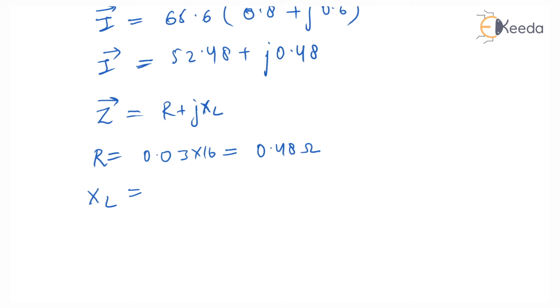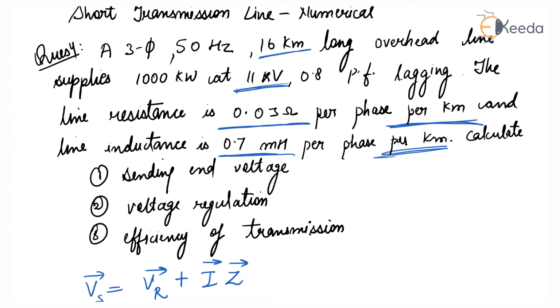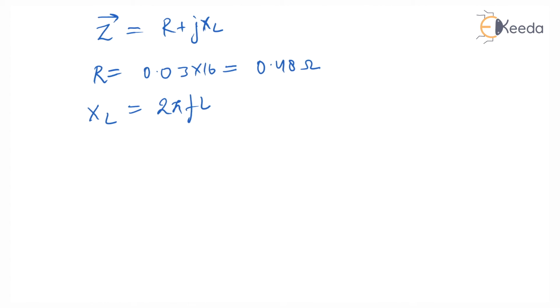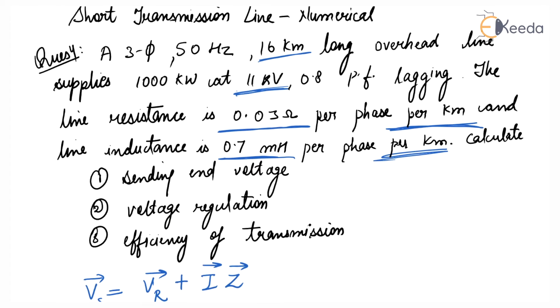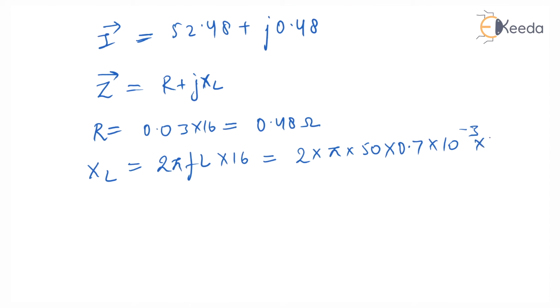Now XL is equal to 2 pi f L, because line inductance is given 0.7 per kilometer. So 2 pi f L into 16: 2 into pi into frequency 50 into inductance 0.7 into 10 to the power minus 3, because 0.7 millihenry is given, into 16.